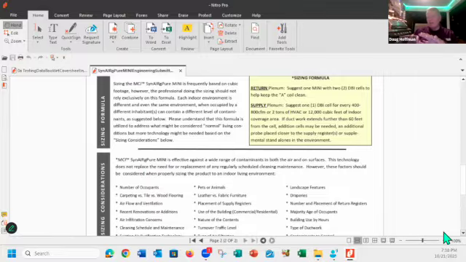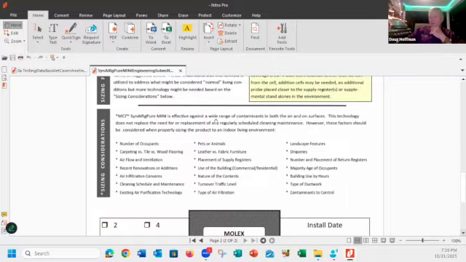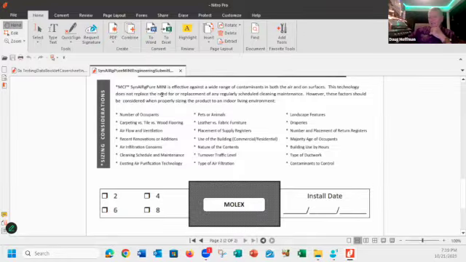So what we're talking about is being able to split these technologies and utilize one or the other. And so if cost is a concern, this is one of the best ways to get the best bang for your buck in terms of dealing with odors, VOCs, bacteria, all of those sorts of things without having to spend a tremendous amount of money. One of the things that we talk a lot about, and you probably know this, but the sizing of the product always depends on a lot of factors.